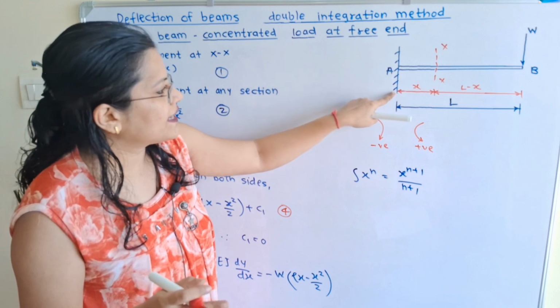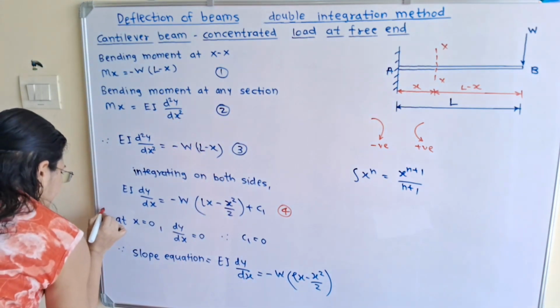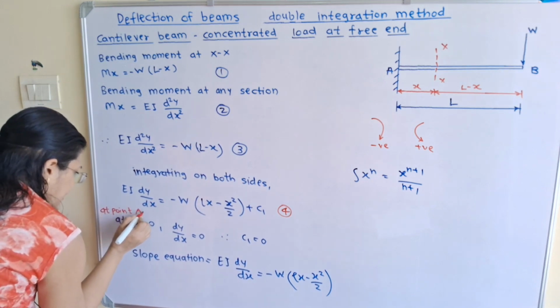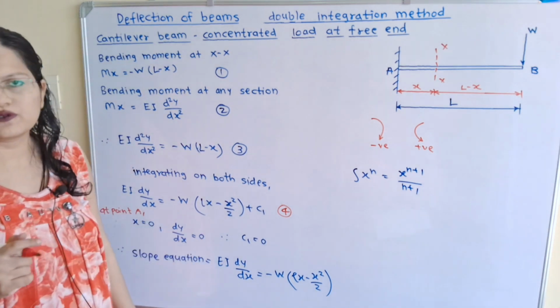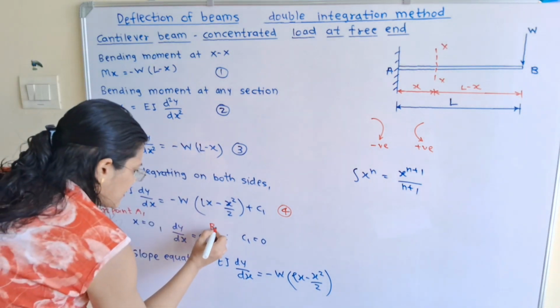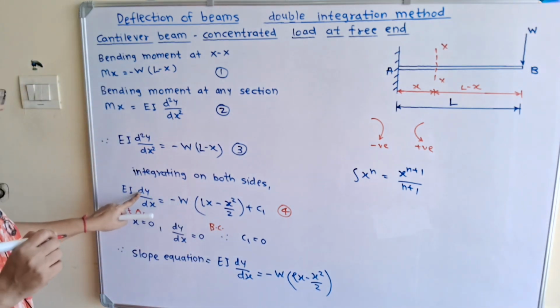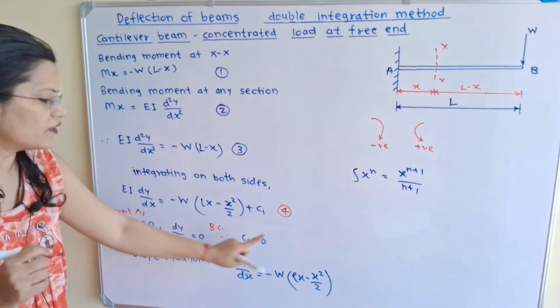At end A, x is equal to 0. So we can say that at point A, x is equal to 0 and dy by dx is equal to 0, and these are the boundary conditions. Now when we apply the boundary conditions, then on left hand side 0, on right hand side 0. So C1 is equal to 0.